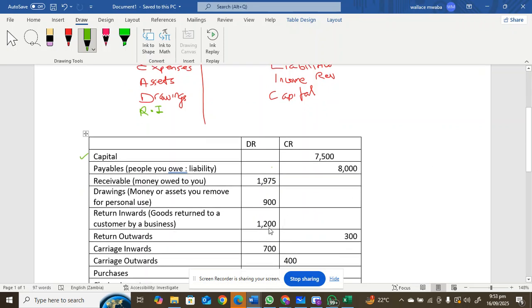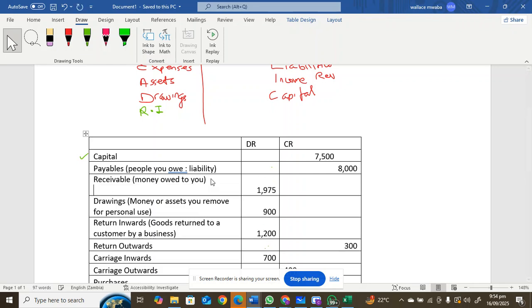What about return outwards? Yes, yes. Let me just put here.